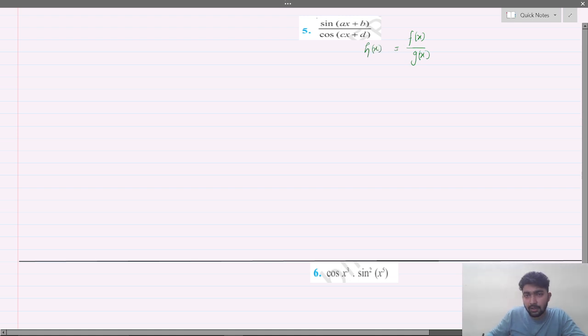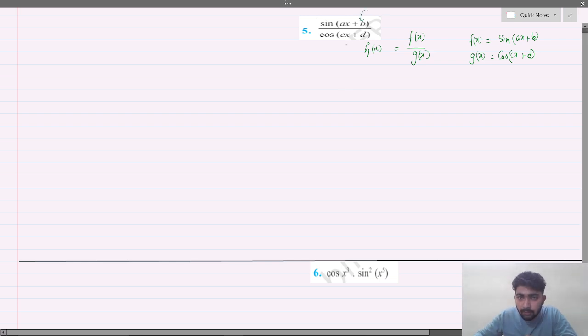This is your function h(x) equal to f(x) upon g(x). Here f(x) is given as sin(ax + b), and your g(x) is given as cos(cx + d).